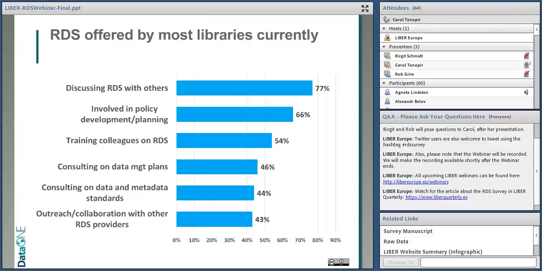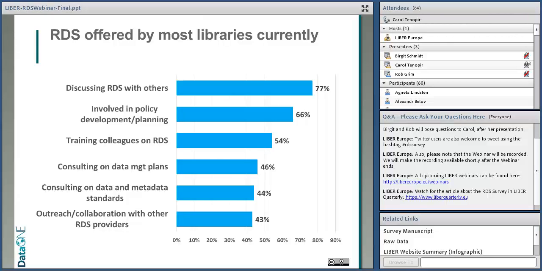I think this is important because it shows we're at a very early stage in developing research data services, but it's important that libraries are taking a leadership role in these discussions and are a place to center the discussions about what needs to be offered. It does show that many libraries are still in those planning stages, and so I think it's important to look at the results in a minute of what they are planning to do within the next 2 years.